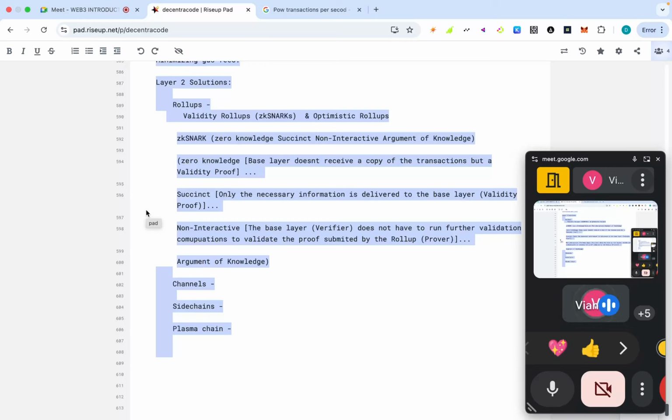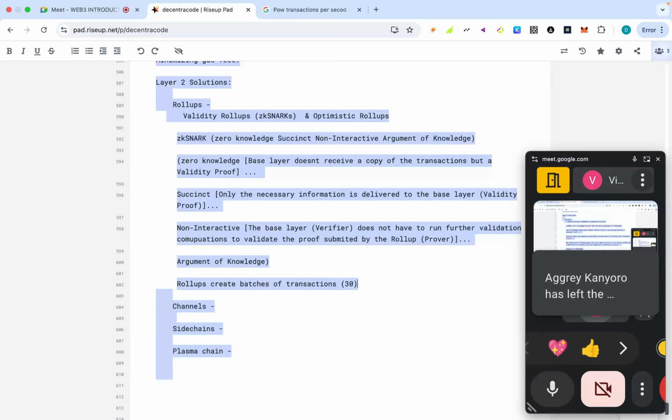Yes. So if we have maybe 30 transactions, because what a rollup does, the actual meaning of the word rollup, is that it creates batches of transactions.